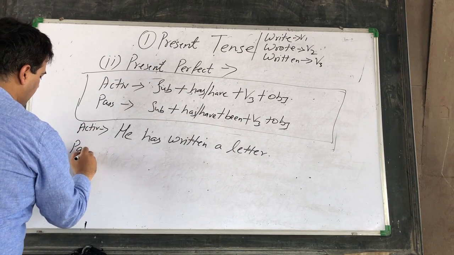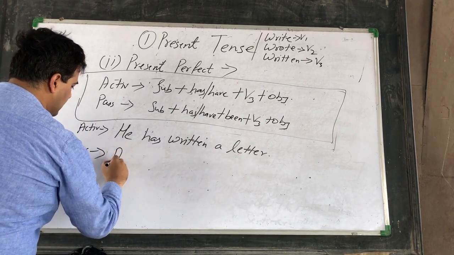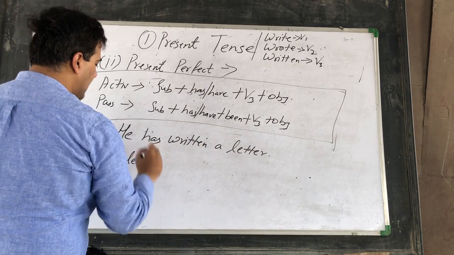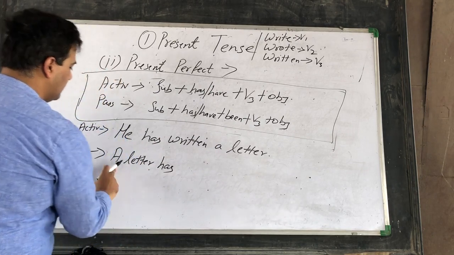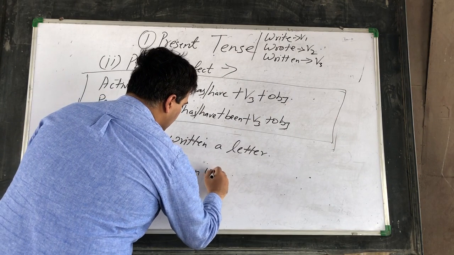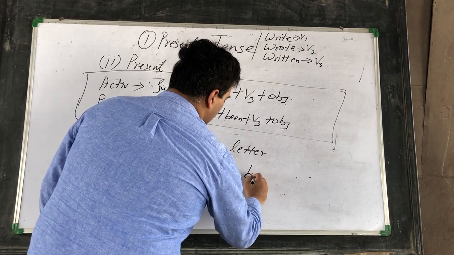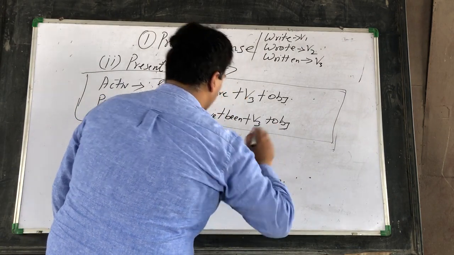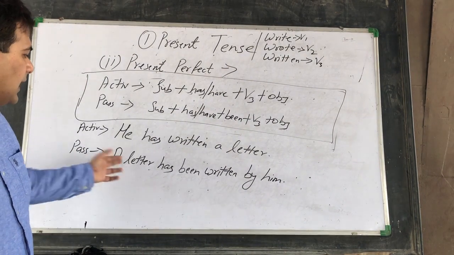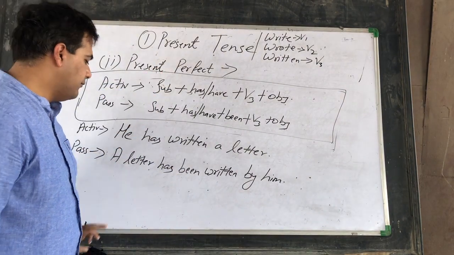Passive will be, again put the object first, a letter, then has will be there, singular subject, has been written by him. A letter has been written by him. This will be followed in present perfect.